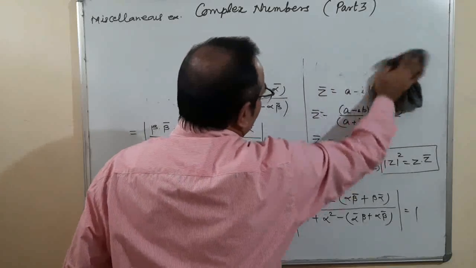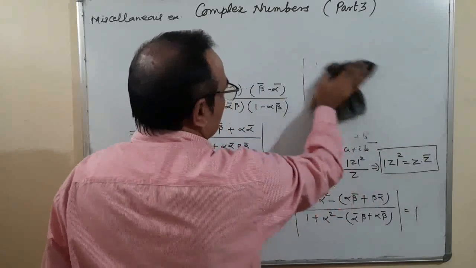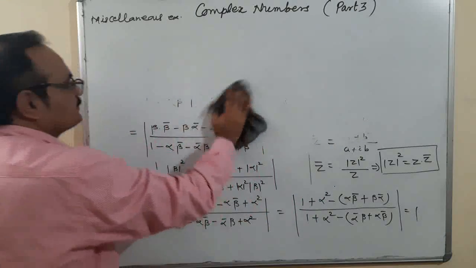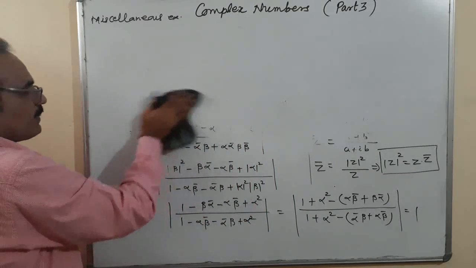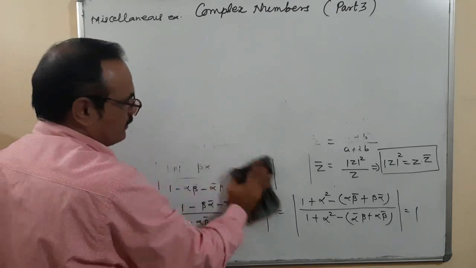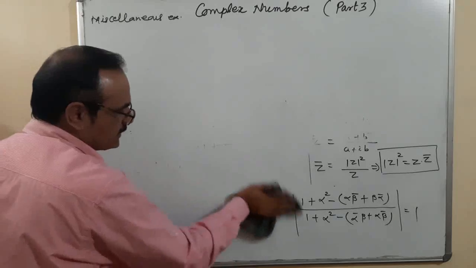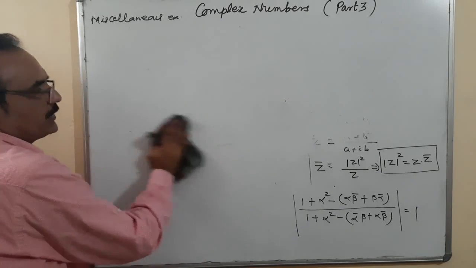So you remember the properties. One is beta and beta conjugate is equal to magnitude beta whole square, and Z1 minus Z2 whole conjugate is equal to Z1 conjugate minus Z2 conjugate.